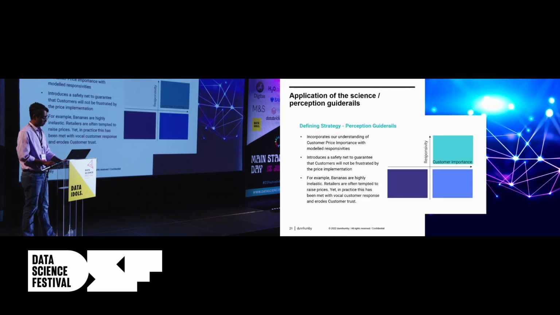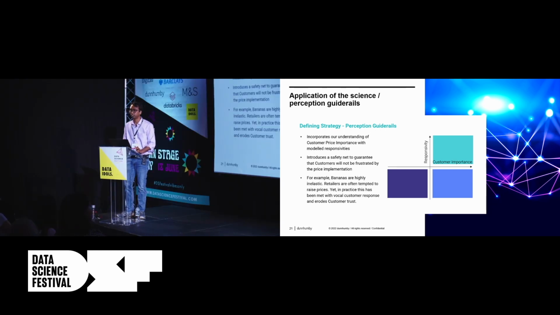Now, this is just one example of the strategy work that we do. When we are thinking about what should be the right price and promotion strategy for each product or each category, we try to think about two metrics: how important this product is for the customer, and also how responsive is the product to different economic influences like changing price or promotion.